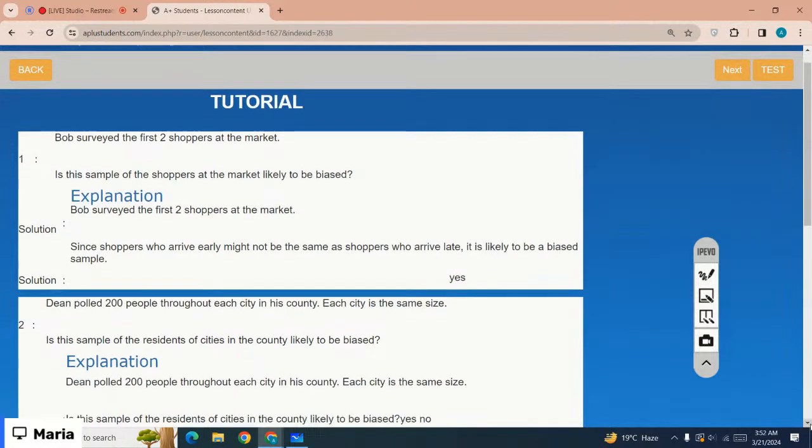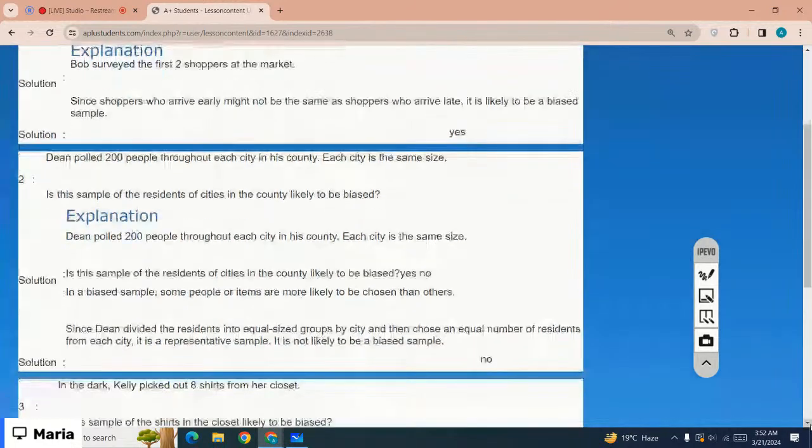The other example is Dean polled 200 people throughout each city in his country. Each city is the same size. Is the sample of the residents of the city in the country likely to be biased? He just picked 200 people from each city, right? In a biased sample, some people are more likely to be chosen than others.